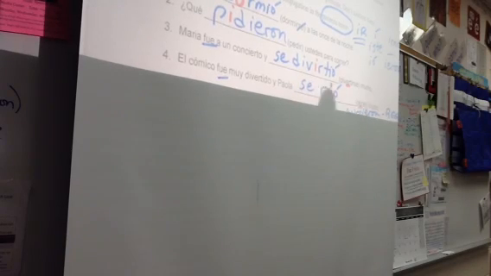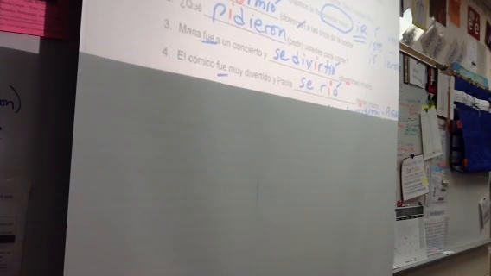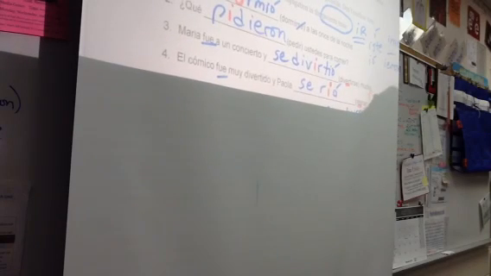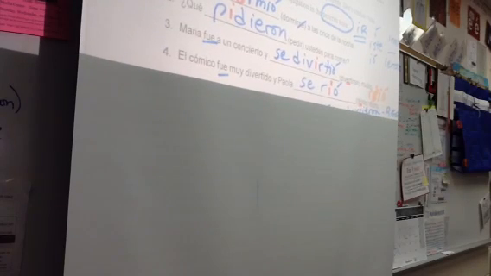So se, take care of it. This is one of the ones that you would end up with re, because you're going to do the E to I change. So ri, and then your ending is io. So what we're going to do, remember, is just drop one of those I's, because you can't have two I's in a row.